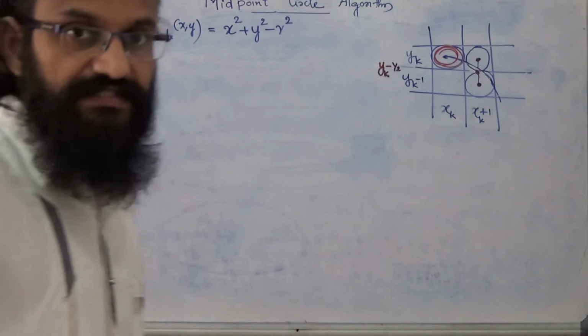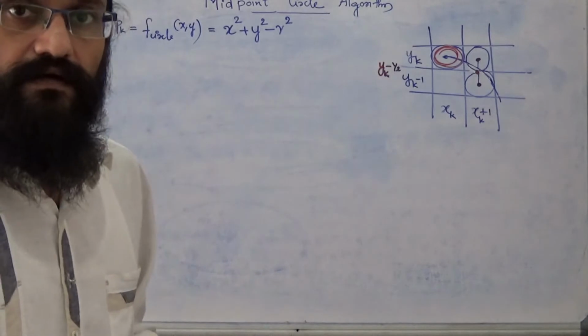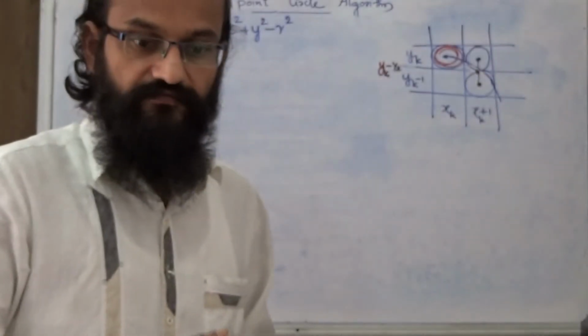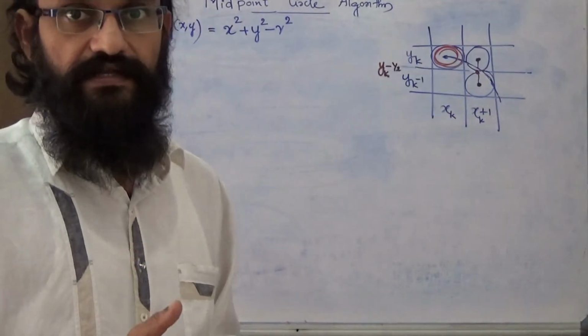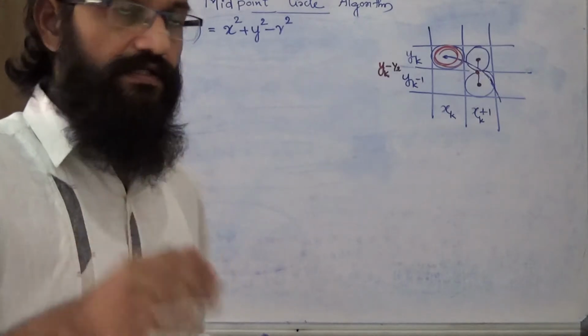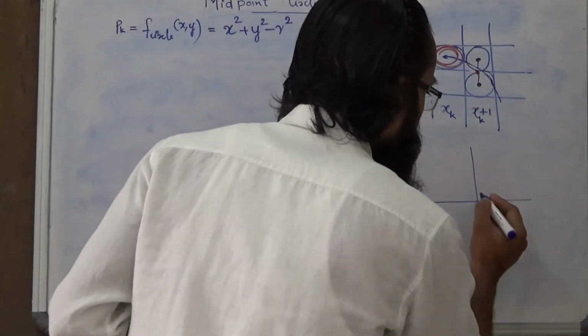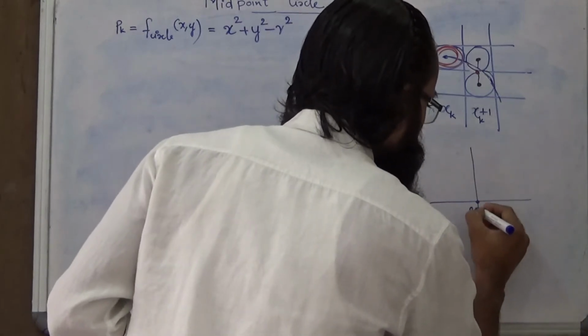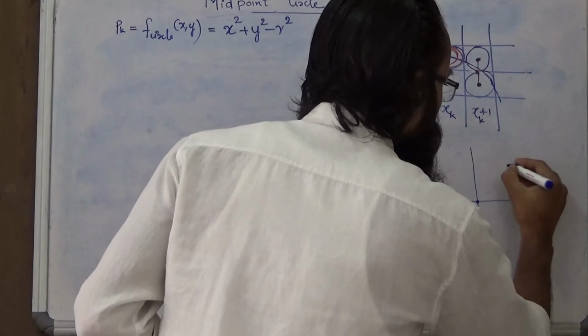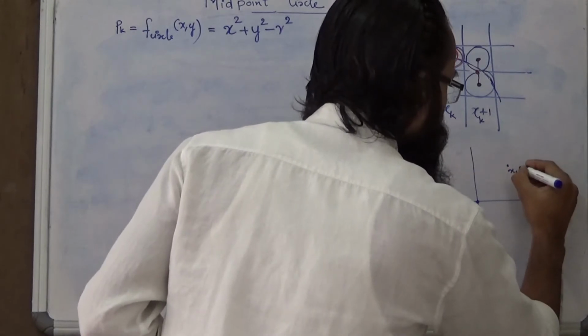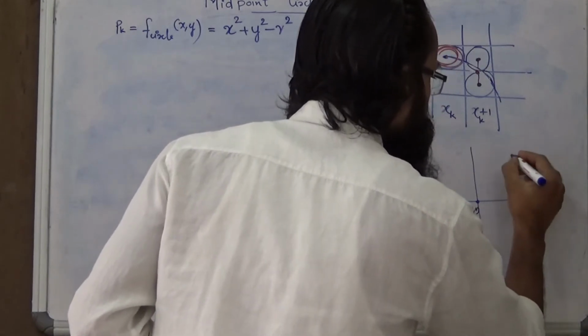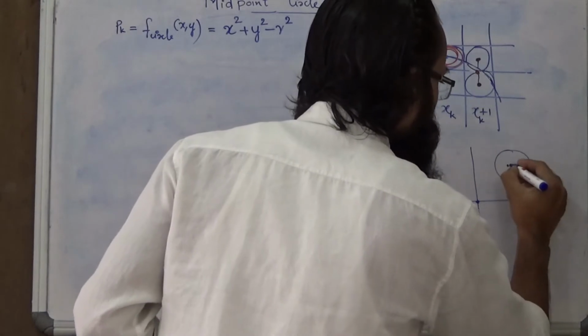In the midpoint circle drawing algorithm and in Bresenham's circle drawing algorithm, we proceed based on the assumption that we are going to plot the points on the circumference of the circle centered at the origin 0, 0. Assume that you want to plot a circle with center xc, yc and radius r.